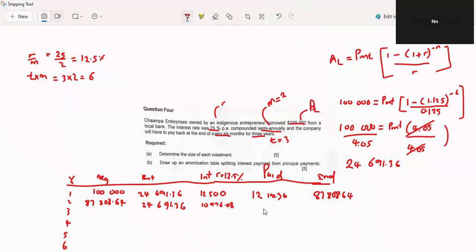We deduct the 10,976.08 from 24,691.36 to get 13,715.28. Did you get that?